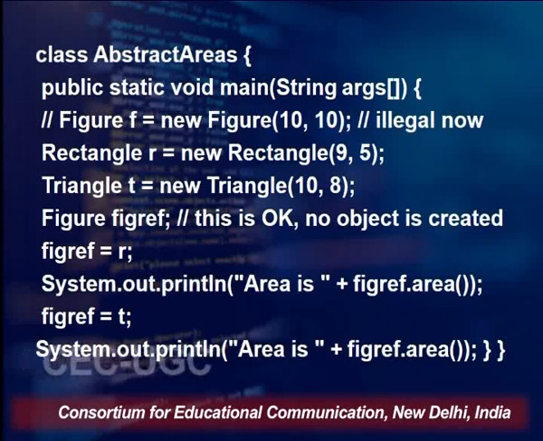So, the difference being highlighted here, as compared to the previous version of this class figure, is that now we cannot instantiate the class figure. We can just take one reference variable in which the object address of its subclasses can be stored. That is perfectly fine.